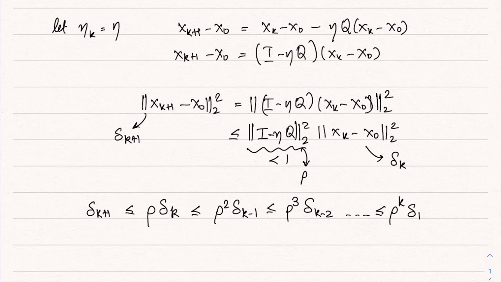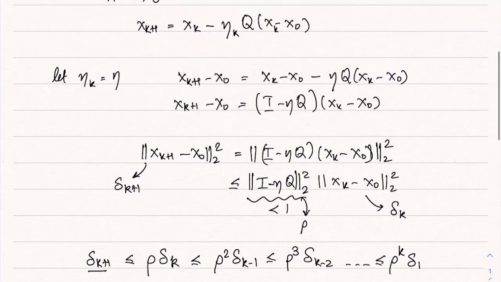So if you started at a certain distance, then the distance squared from the optimum is decreasing exponentially, and the rate at which it is decreasing depends on rho. So that is what is happening generally with gradient descent.